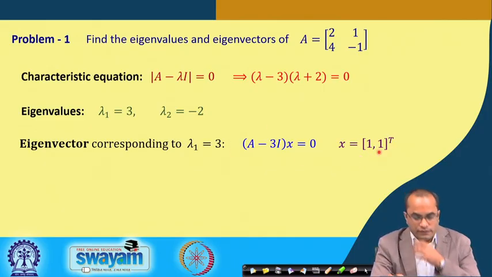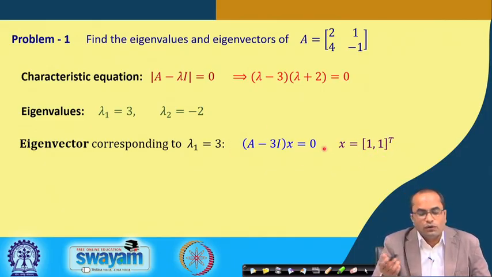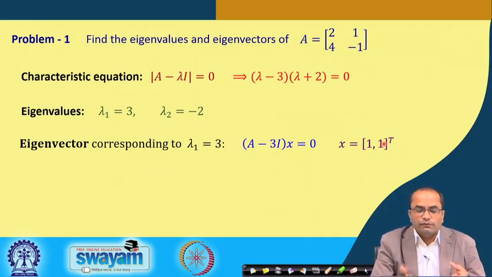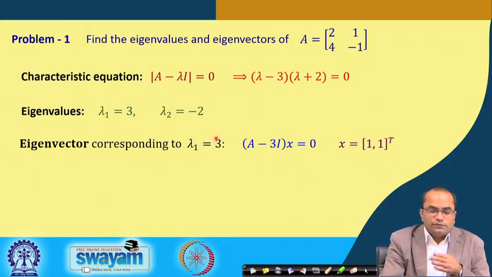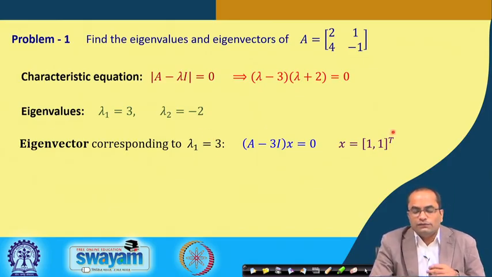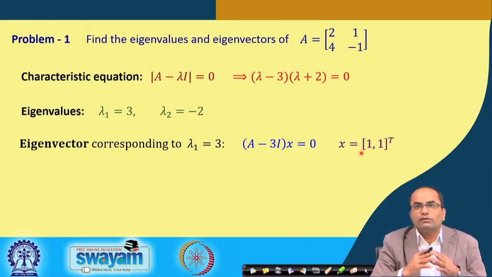Any multiple of this, so we can have 2, 2 or any number we can multiply to this one, will be a solution of this equation, meaning the eigenvector. So, the eigenvector is never unique. Corresponding to lambda 1 is equal to 3, we got this vector 1, 1, one vector, and that also needs to be mentioned, because 2, 2 will also be a solution and will also be an eigenvector.